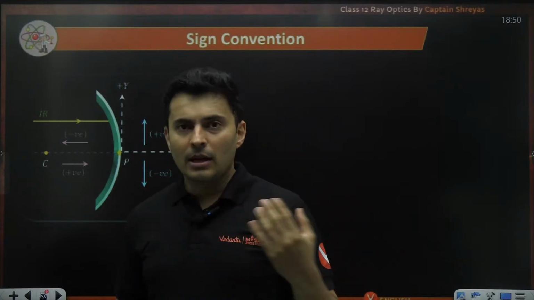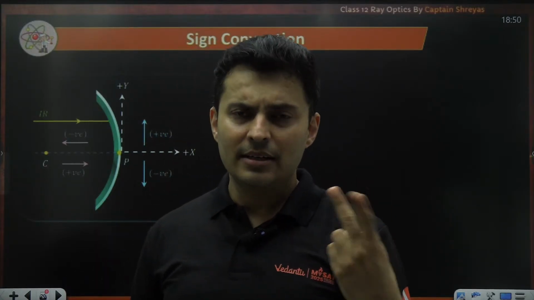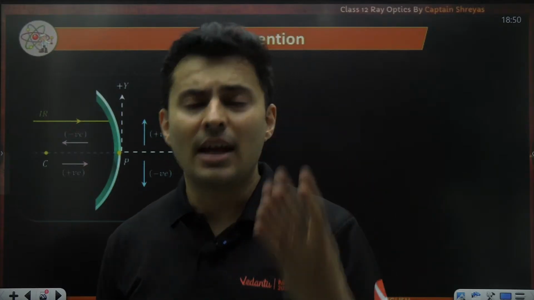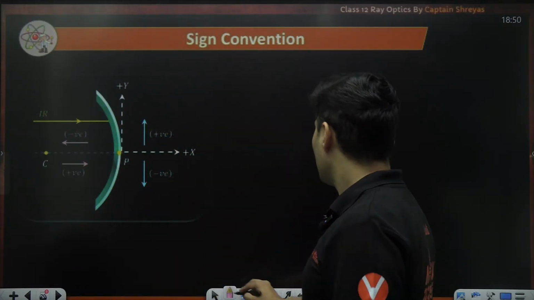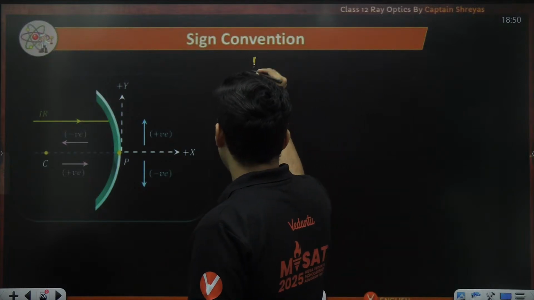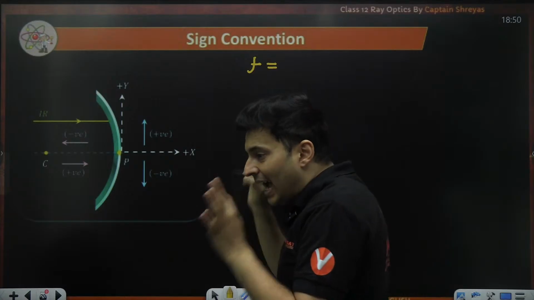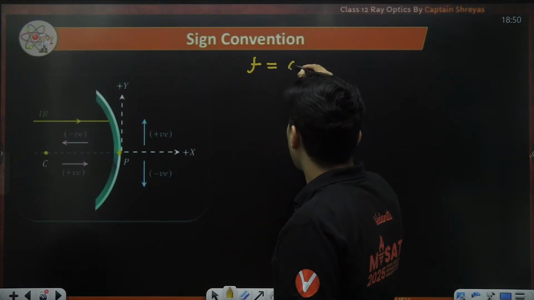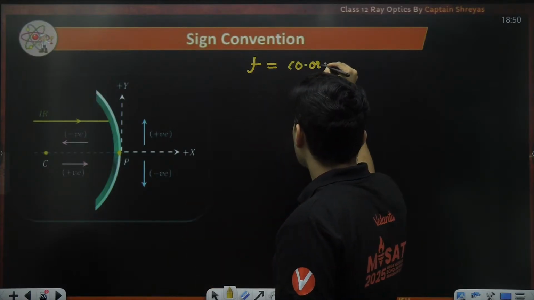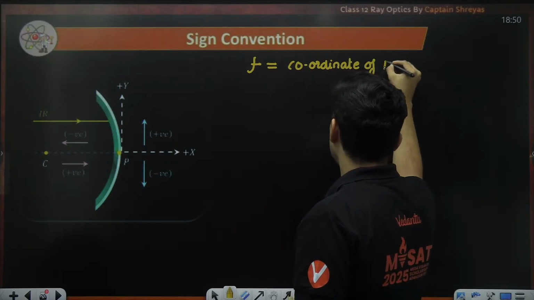There are a couple of things: focal length, radius of curvature, radius basically, object distance, and image distance. Okay. So, first of all, let me write it down one by one. F, which is the focal distance, is actually the coordinate of the focal point.